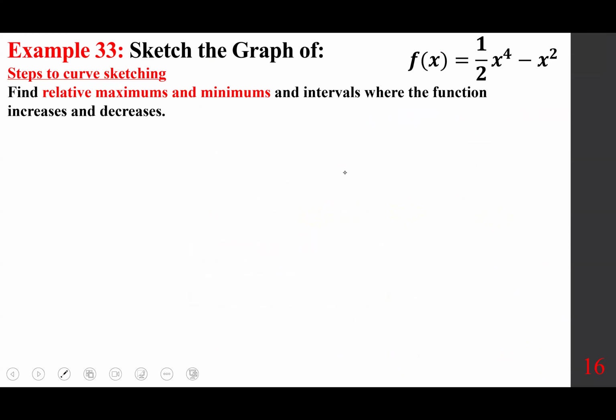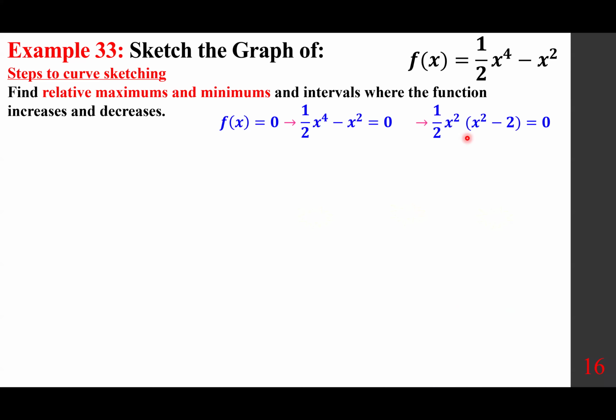What about this function? Again, this can be done by hand, just the way we have done it on the previous page, but let's just continue with this methodology by finding intercepts. So first, let's set it equal to 0. And to do so, I'm going to factor either x squared or half of x squared.